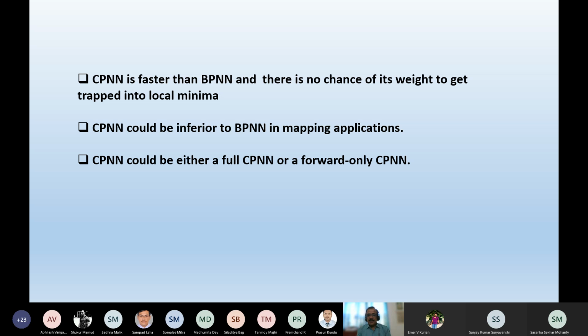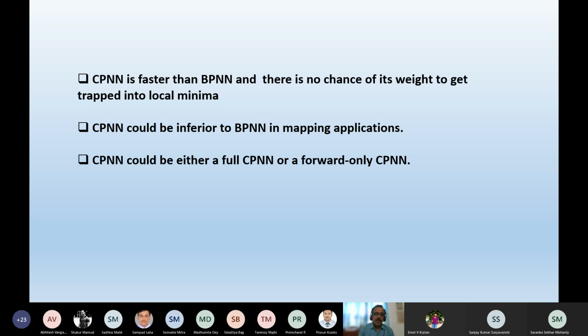In terms of accuracy, CPNN could be somewhat inferior. BPNN could be more accurate compared to CPNN, but CPNN is faster.